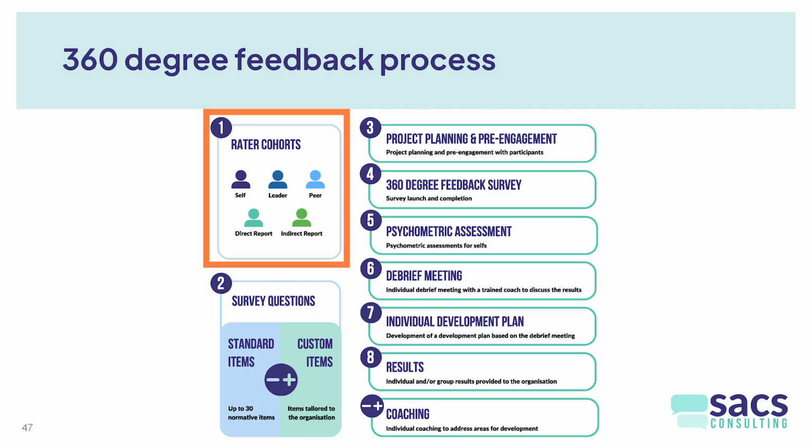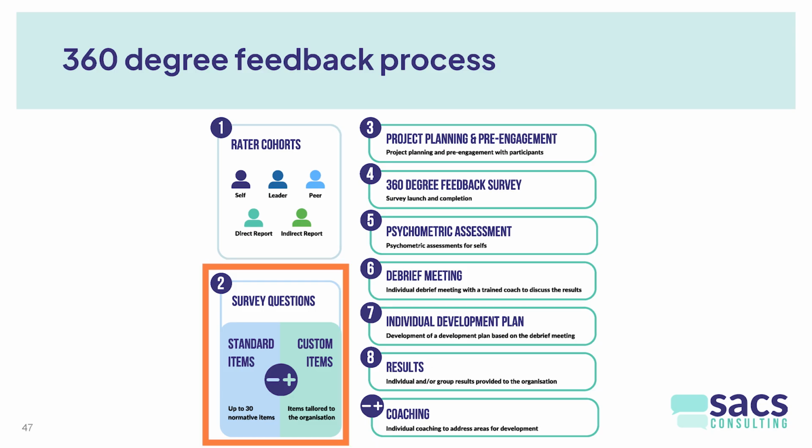In 360-degree feedback, you have an option of using standard questions or custom questions or both. SACS has 30 questions that measure 10 leadership characteristics, which I explain in more detail in module 10 of this 11 video series. The leadership characteristics that we're measuring are really about the ability to create high levels of engagement amongst the workforce.